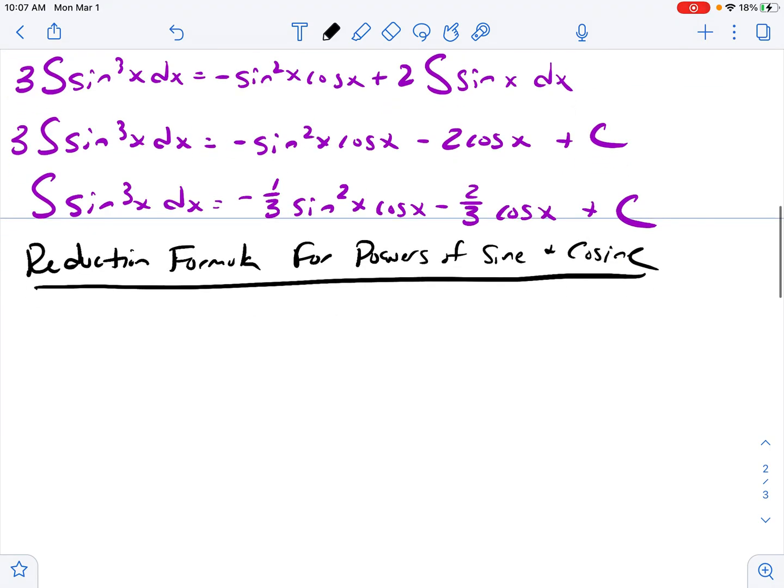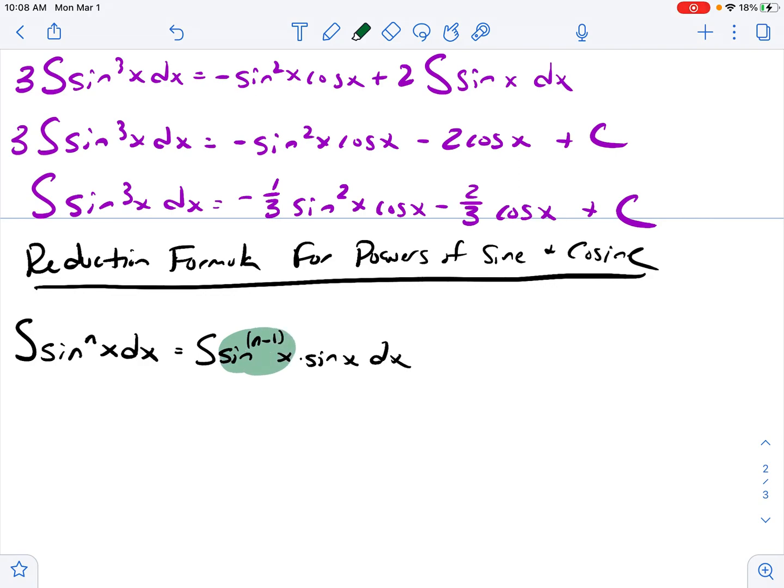Okay, so the way it works in general, if we have sine to the nth power of x, we're going to break that up into sine to the n minus 1 power of x times sine of x dx. This will become the u portion.